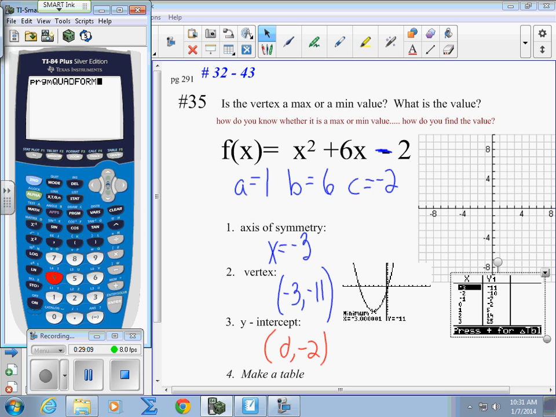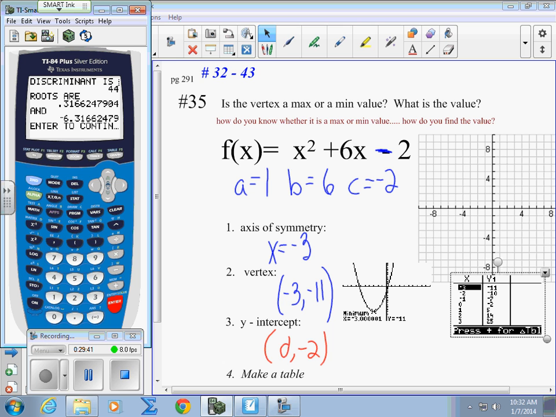When the plot form comes up, if you hit enter, it asks you for A, B, and C. A is equal to 1. Enter. B is equal to 6. Enter. C is equal to negative 2. Enter. It gives you the discriminant, which we'll talk about later, and the roots, which in this case are irrational numbers.